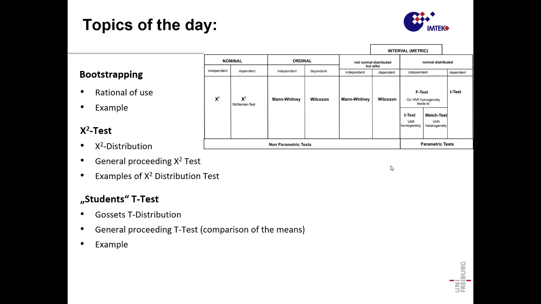In particular, it might be interesting for you to know how to test if the data follow a normal distribution. And then we'll start the parametric world today with the t-test, which is one of the most famous tests for comparison of means, in particular the student t-test. Let's see how we describe the t-distribution, another distribution in these lectures, and how we can use it to test differences between means.